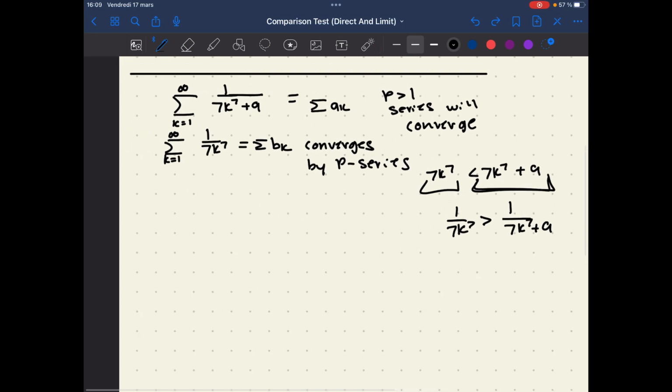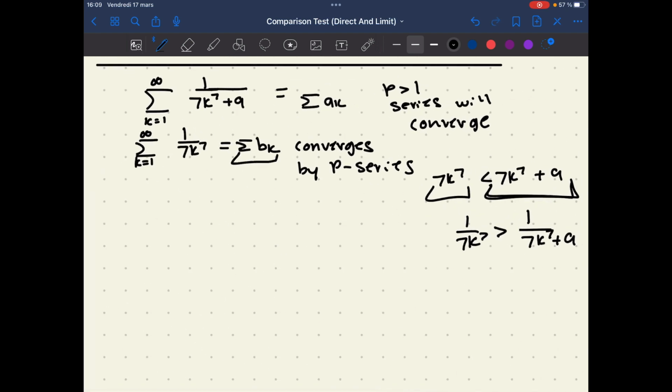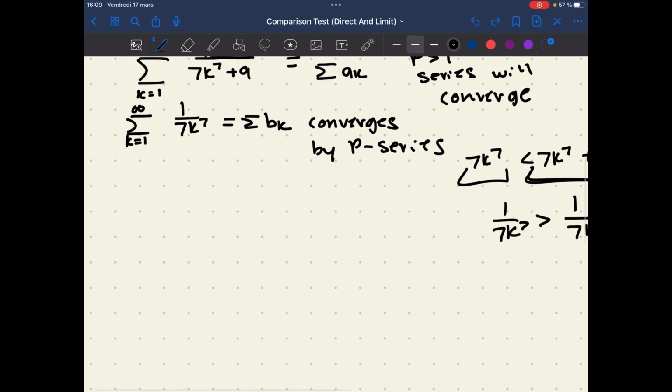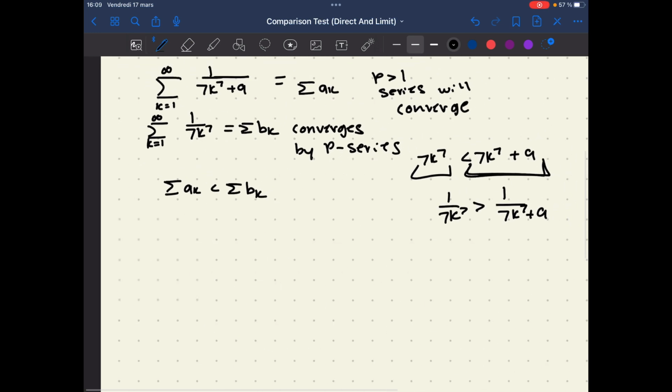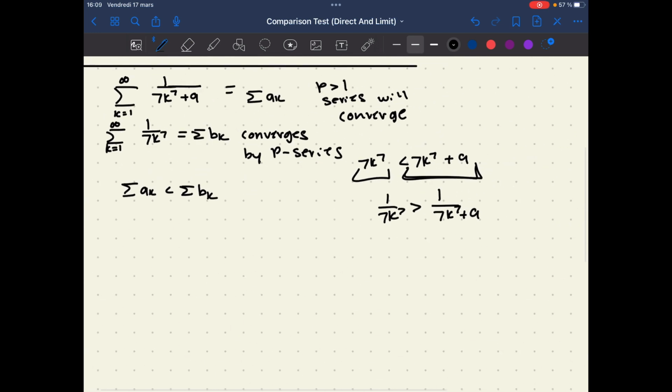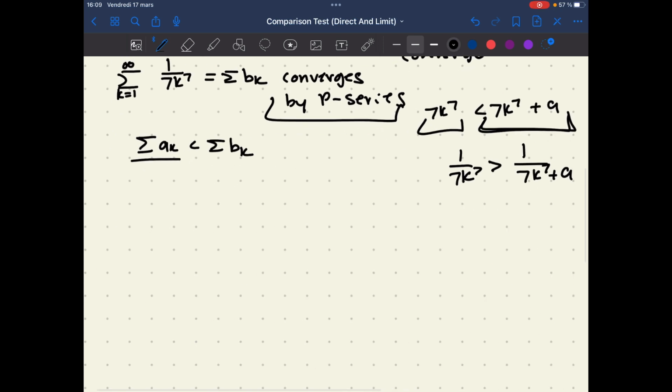Okay, if we know that, then we know that the series of a sub k is less than the series of b sub k. Knowing that, we can look back at our b sub k and see if it converges or diverges. Well, we know that it converges by p series, so we can conclude that the series of a sub k will also converge.